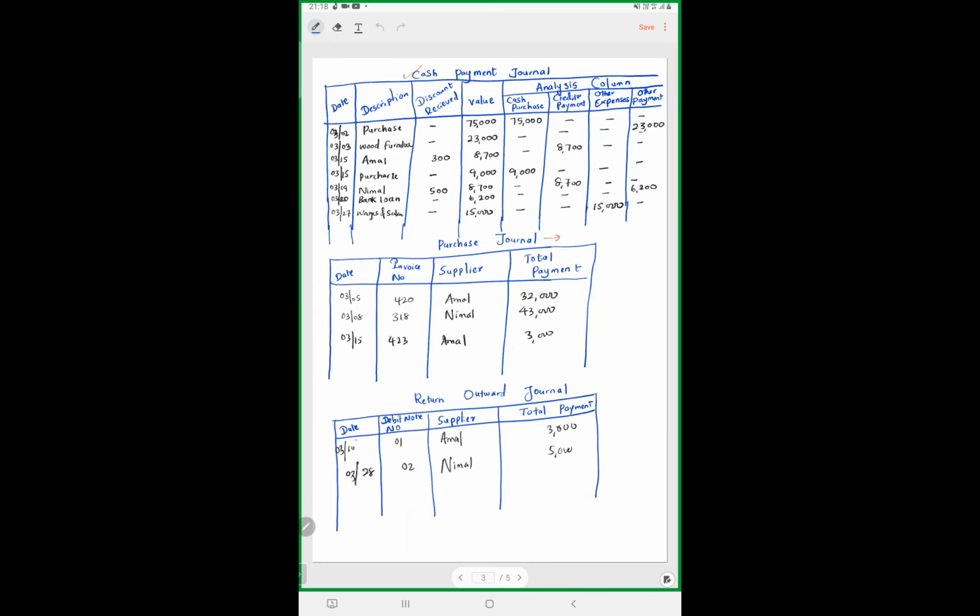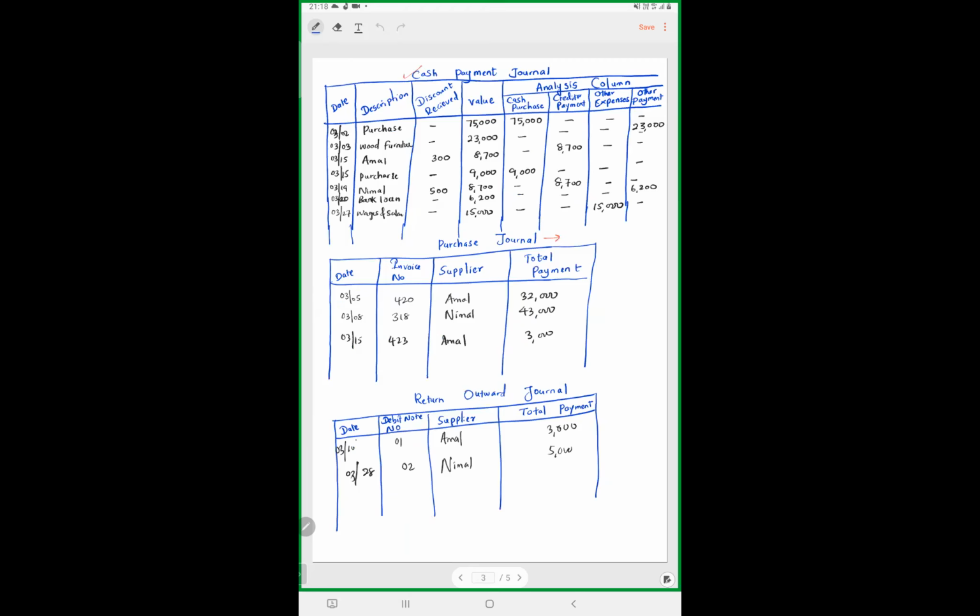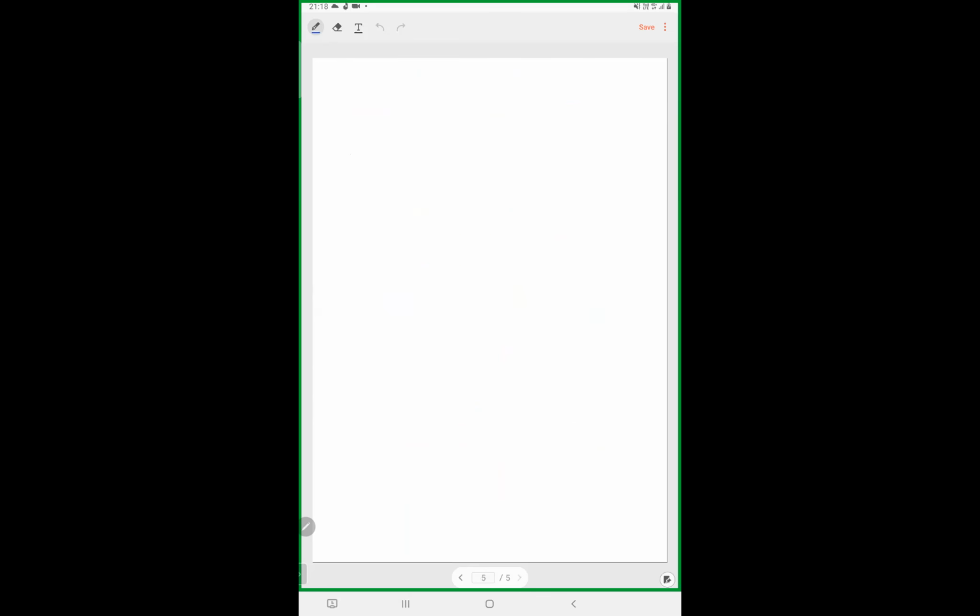And the next one, we are receiving money from other income. We need to identify what that other income is: rent income. Therefore you have to create a rent income account.